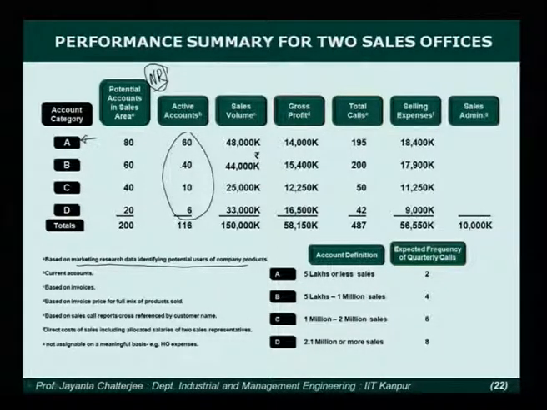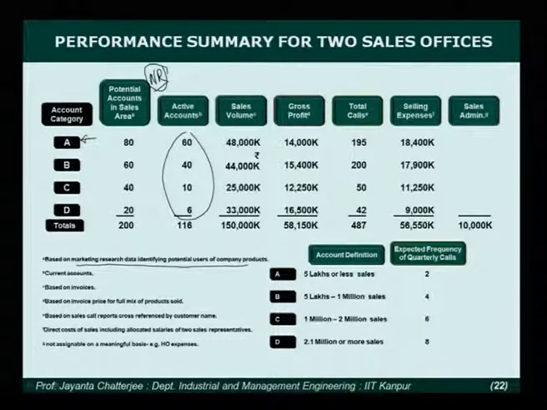Similarly, I may have 40 chemical plants to whom I am now actively marketing. I have sales relationship. Similarly, in C we may have 10 active accounts, and D we have 6 active accounts. Now, I have merged the sales volume in rupees with this data.